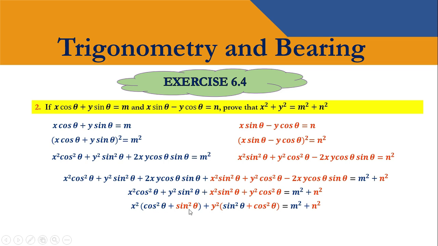As you know, this is a Pythagorean identity which equals 1. So putting this value into the equation, we get x square plus y square equals m square plus n square. Hence the final equation is proved with the help of these two trigonometric identities.